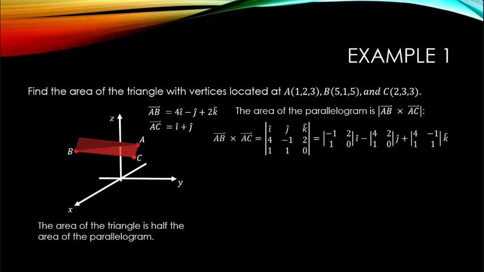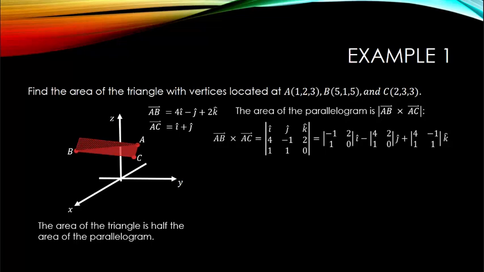AC. So I'm going to construct the cross product of the vector AB and AC by computing the determinant of a 3 by 3 matrix with the first row populated with i hat, j hat, k hat, the second row populated with 4, minus 1, 2, and the third row populated by 1, 1, 0.